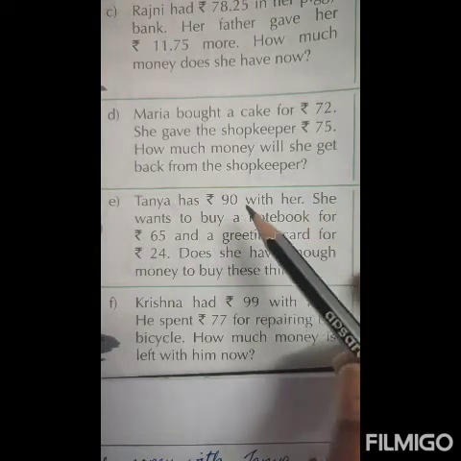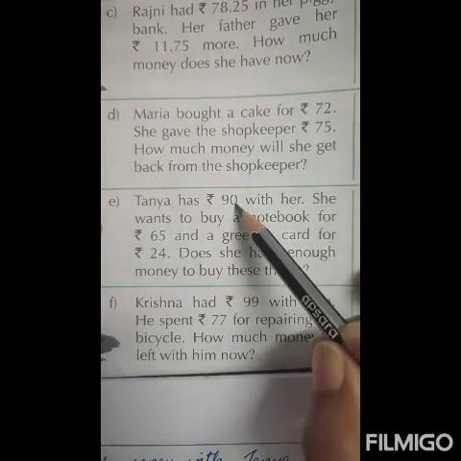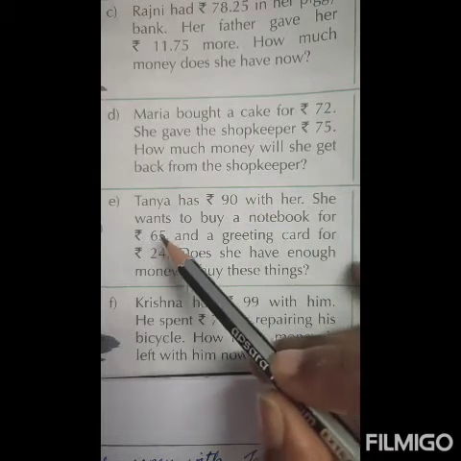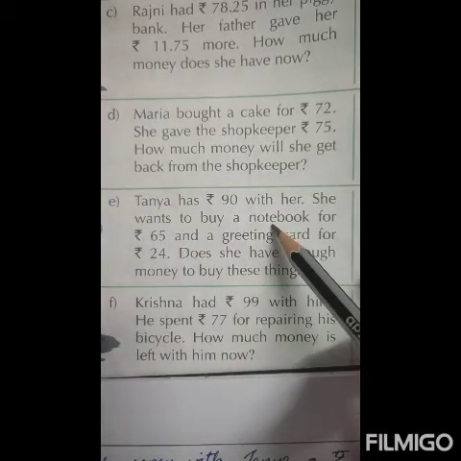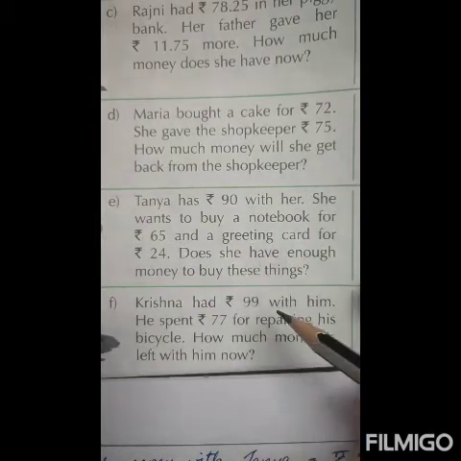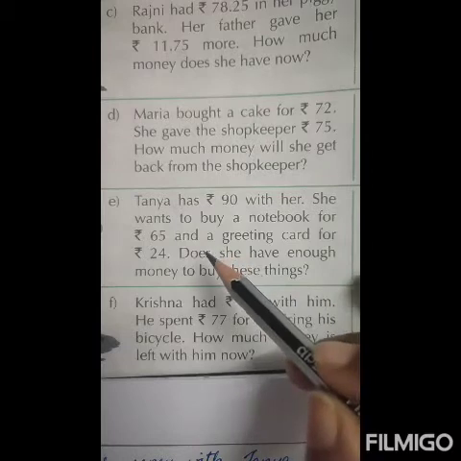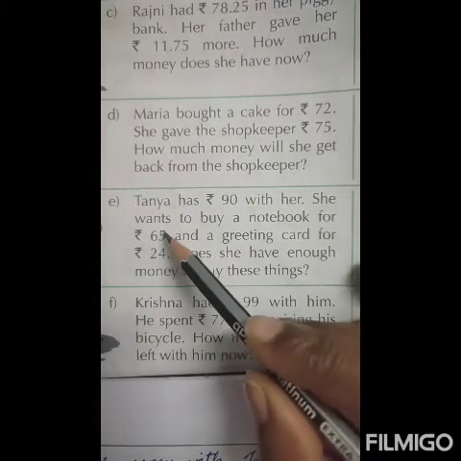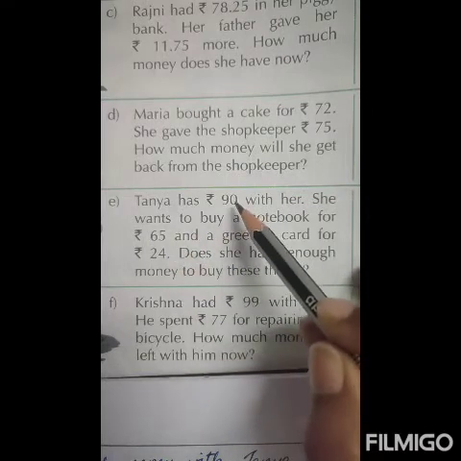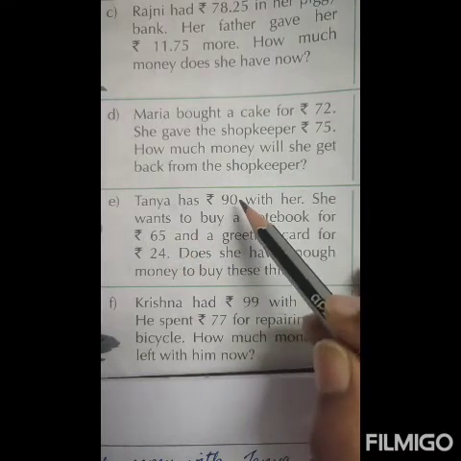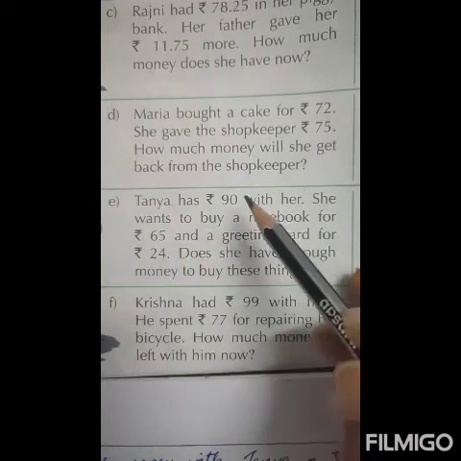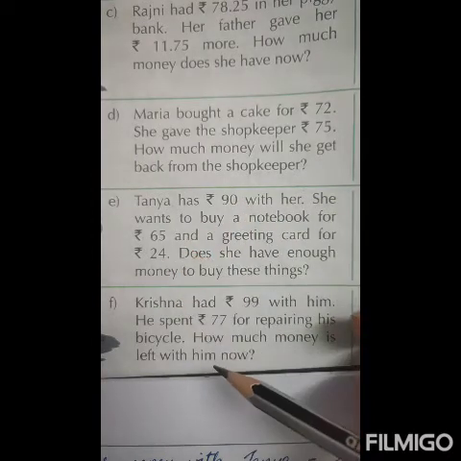So total money she has is rupees 90. And from rupees 90, she has to spend rupees 65 for a notebook and rupees 24 for a greeting card. So if she buys these two things, will she have enough money? Because she has total 90 rupees. So we have to see whether she can buy these things or not.